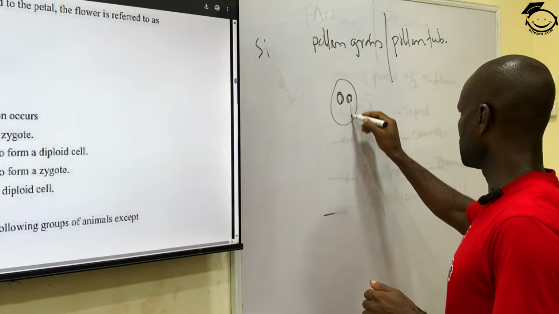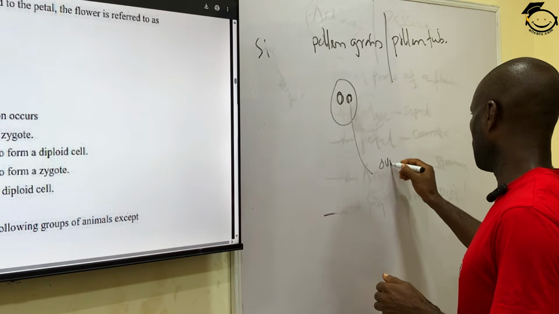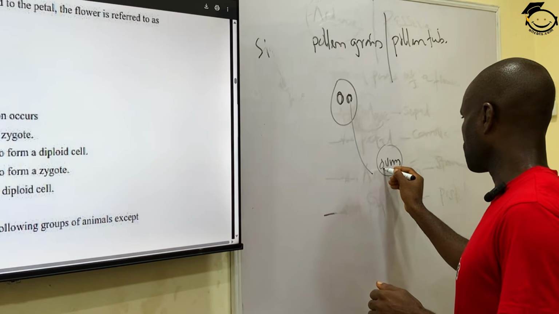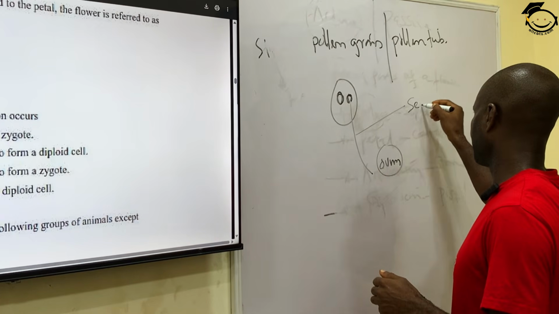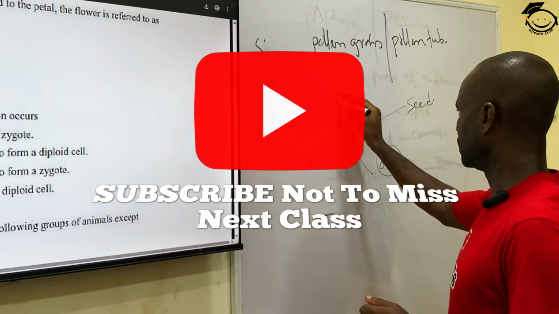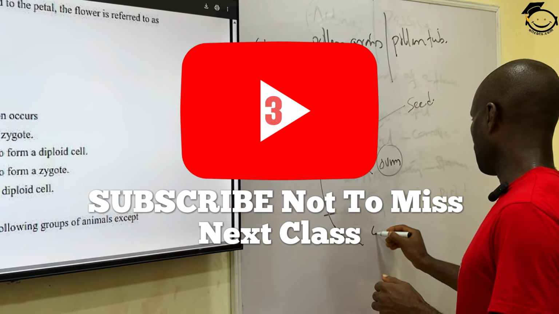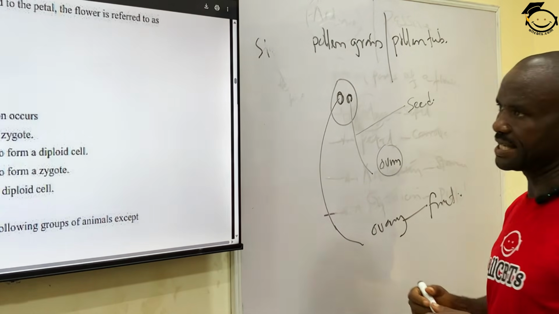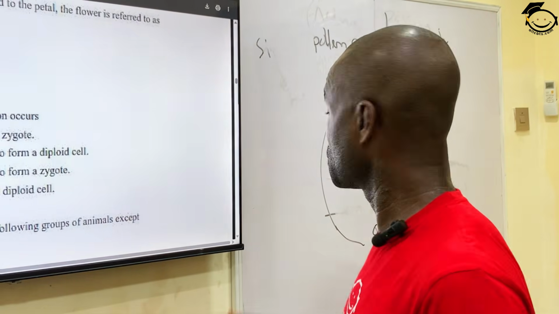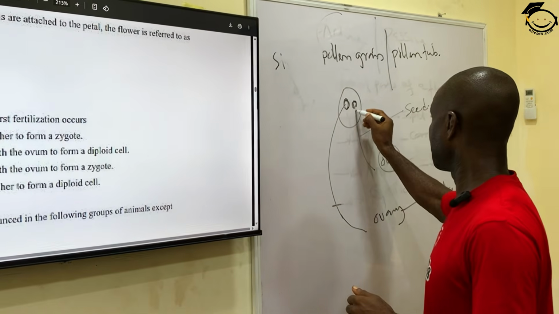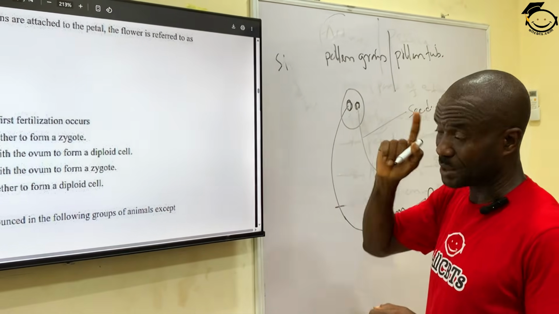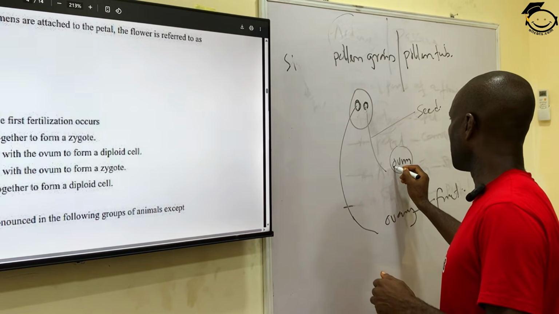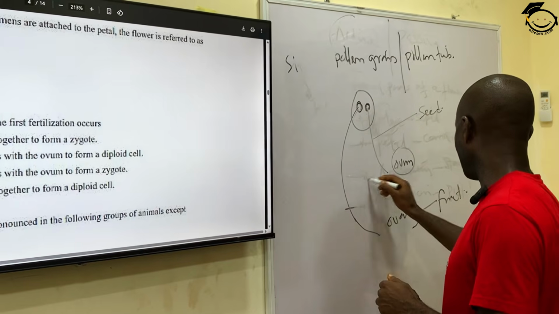The first one will mate with the ovum. The ovum is a female organ. So when it occurs, it forms what's called the seed. The second one fuses with the ovary, and this one forms the fruit. So you can see there are two stages of fertilization that take place. In the case of animals, one of the sperm combines with the egg to form the seed. The second one combines with it to form the fruit.